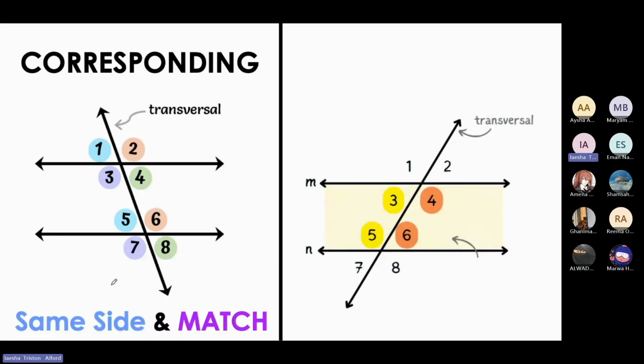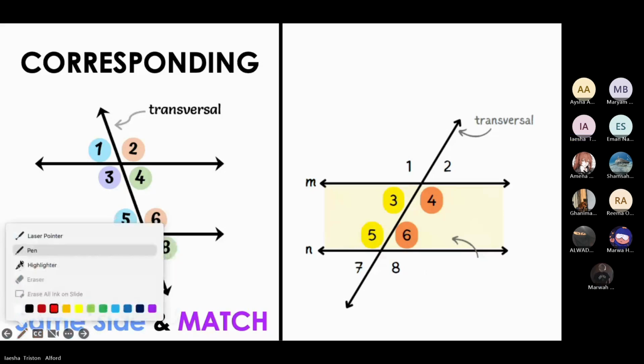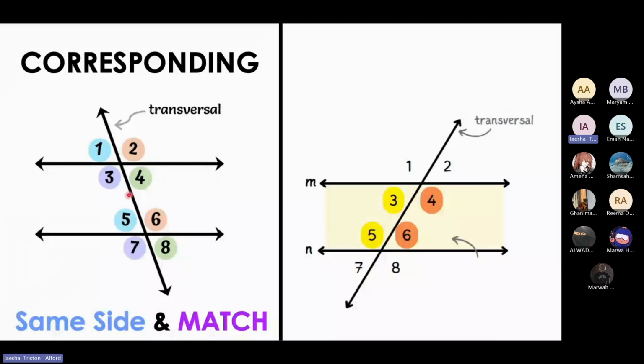It's same side and match. They have to be on the same side of the transversal, right? So they both should be on the same side, and matching means one is out and one is in. But they must be on the same side of the transversal line.